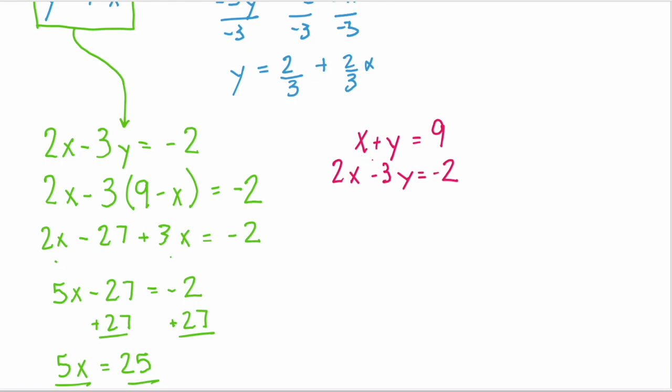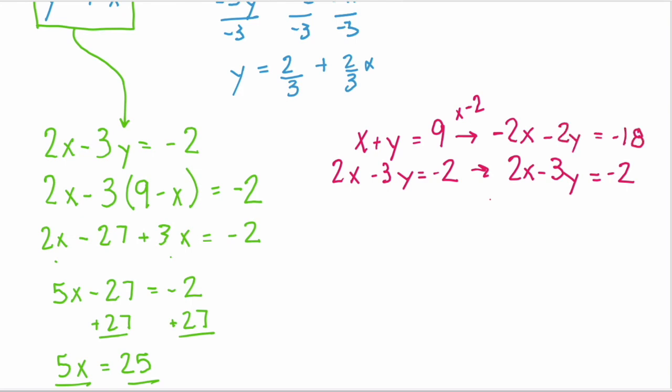Well, I'm going to change this first equation so that when I add them together, I get rid of an x. So we're going to keep the second equation exactly how it is. And I want my first equation to give me a negative 2x. So I need to multiply everything by negative 2. That would give me negative 2x minus 2y equals negative 18.